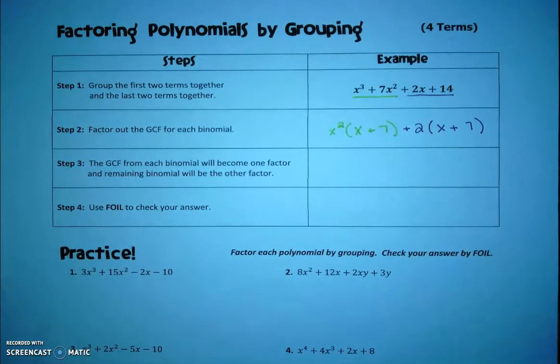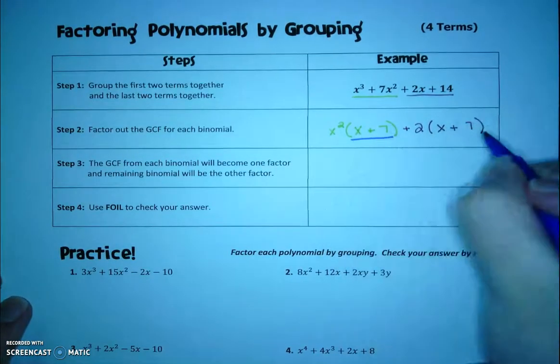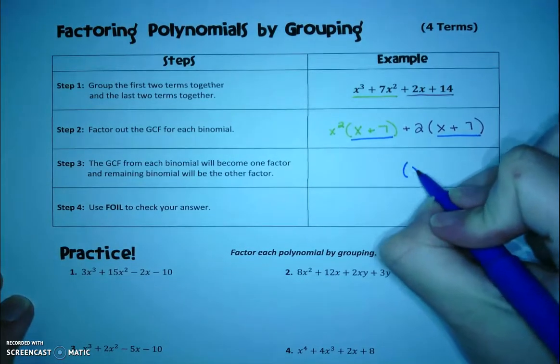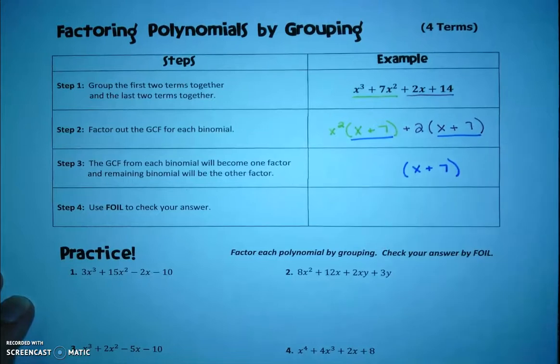When we do factor by grouping, we know we're doing it right if we get the same thing inside our parentheses. So we see that they both have an x plus 7. Since they have that in common, that is going to be one of our factors. That's one part of it being broken down.